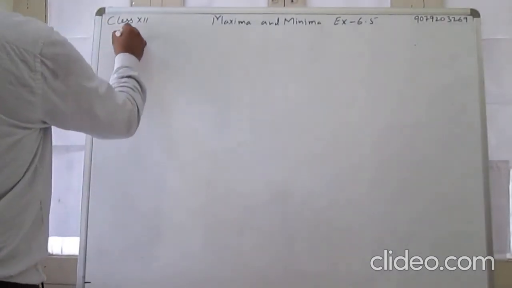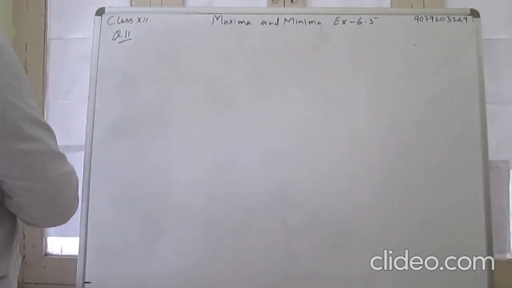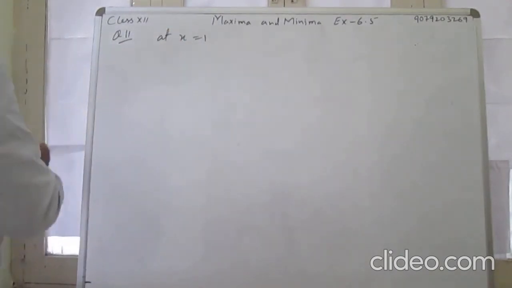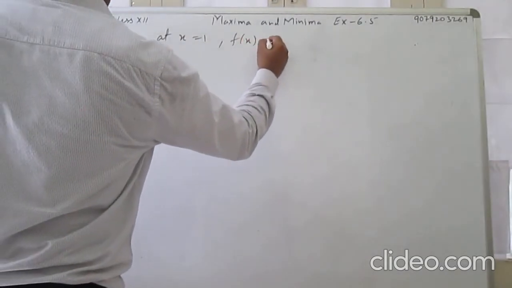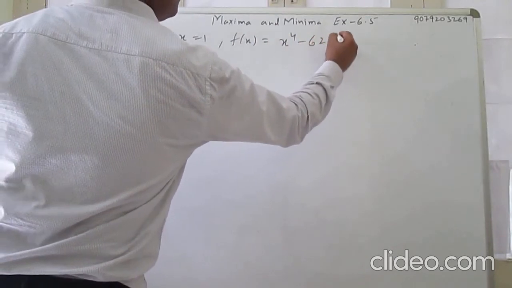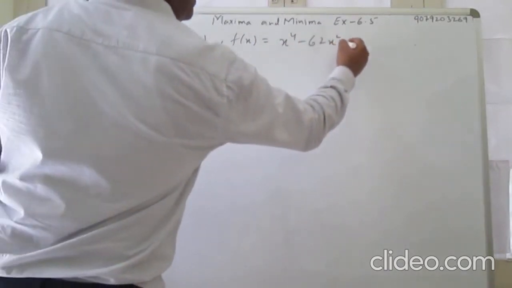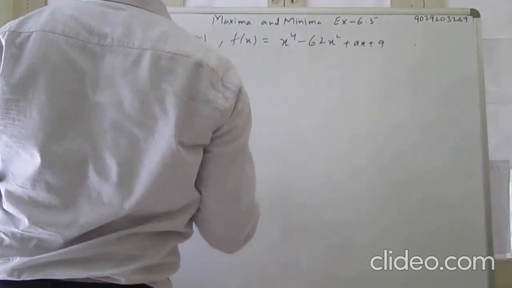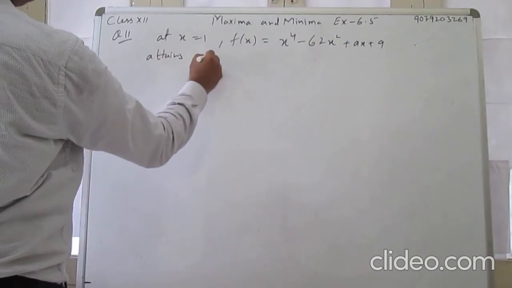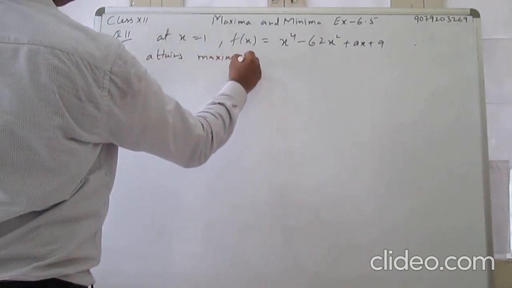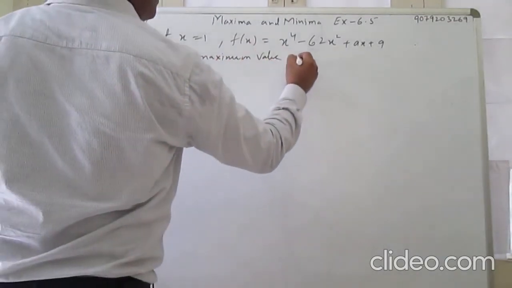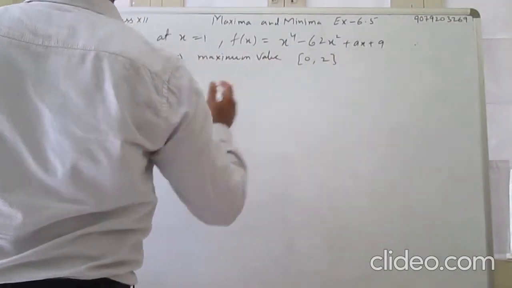Question 11. It is given that at x is equal to 1, the function f(x) is equal to x to the power 4 minus 62x square plus ax plus 9 attains maximum value on the interval [0, 2].